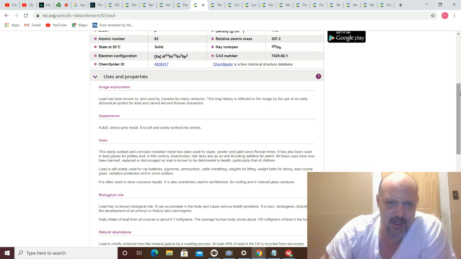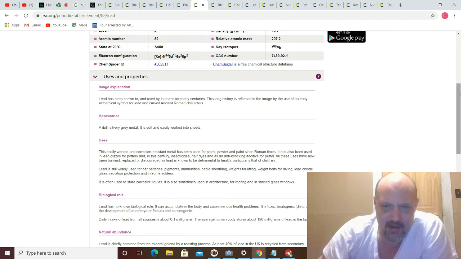It has been used for pipes, pewter, and paint since Roman times. It has also been used in lead glazes for pottery, and in this century, insecticides, hair dyes, and as an anti-knocking additive for petrol.